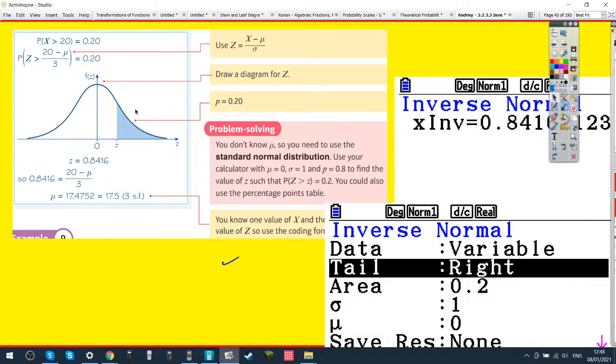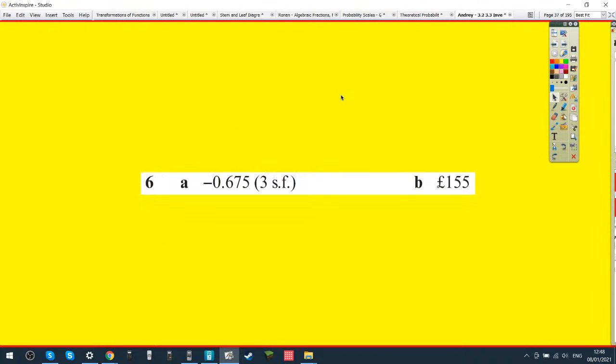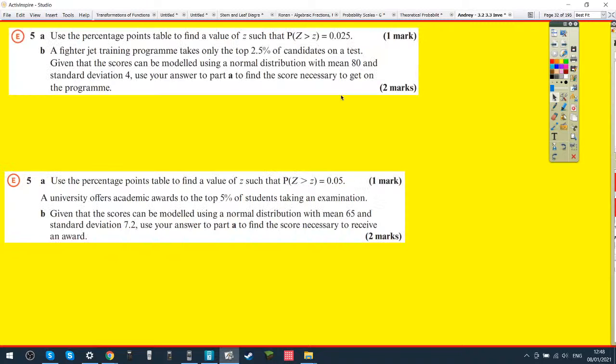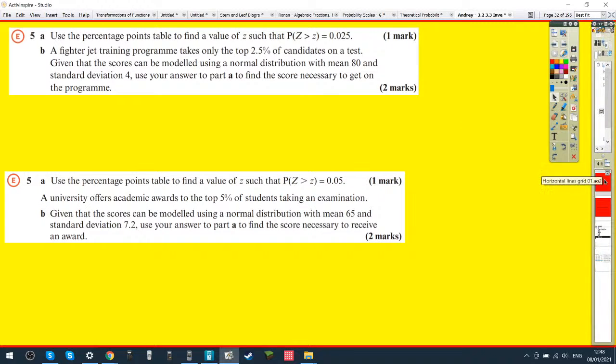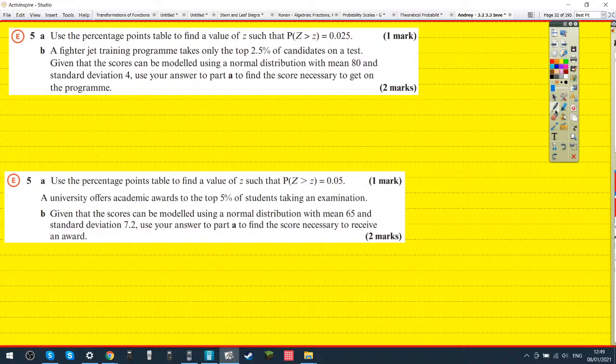And then once we have the z, we can use that to solve for whatever we need in the equation z equals x minus mu over d. So that's the way we should have done it. We should have done it forwards first, backwards second. I skipped over loads of questions. I'll show you why. How do we do part A?